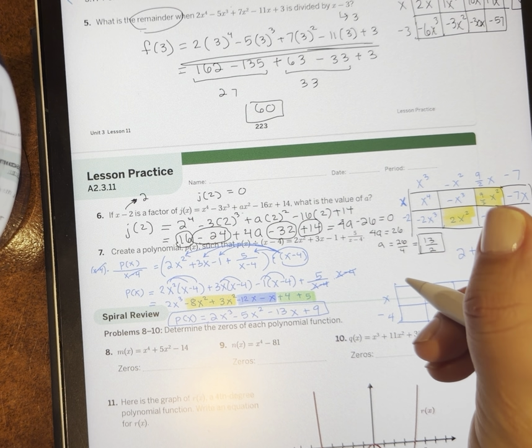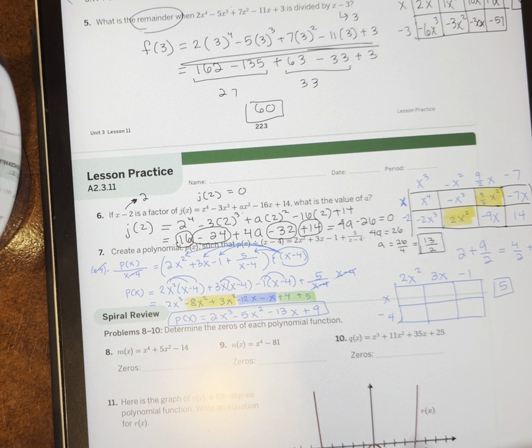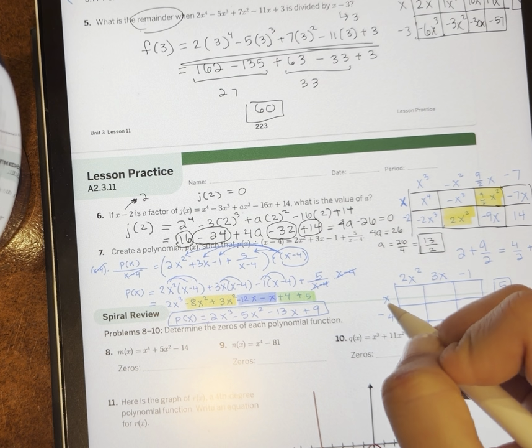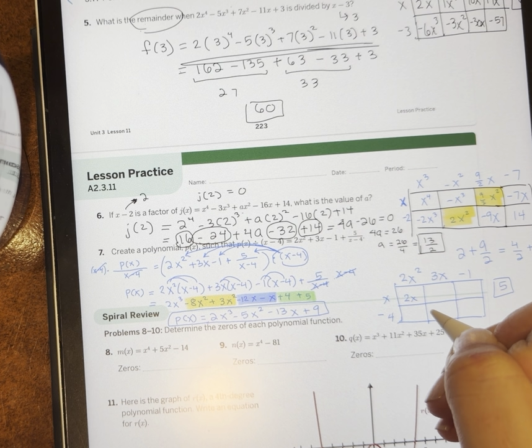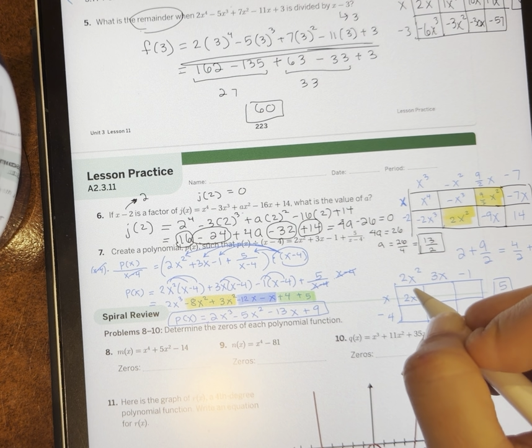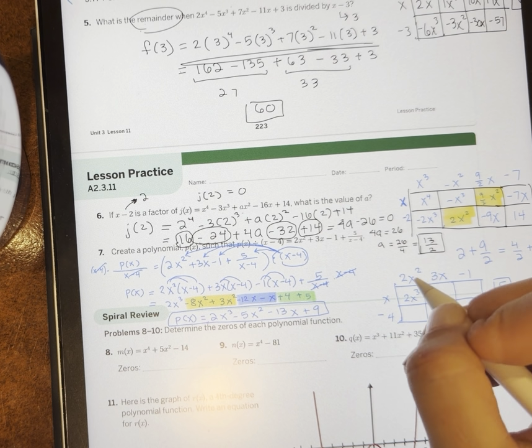And the answer came out to be 2x squared plus 3x minus 1 with a remainder of 5. And then work it backwards. So if there's a 2x squared there and an x there, then this must be a 2x. And cubed, sorry, we're multiplying. Oh my god, I went to divide. Remember, outside of the box multiplies.